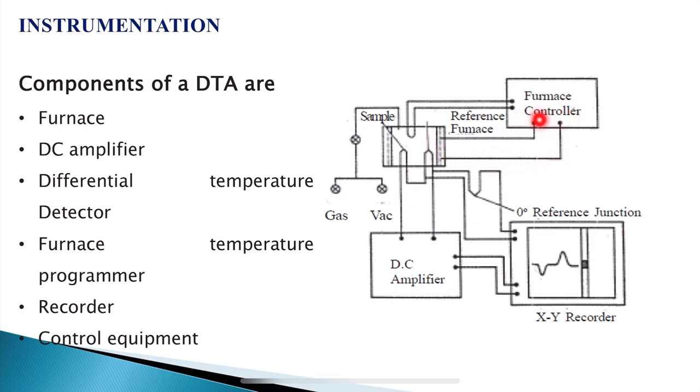We need a furnace controller because, in the principle of differential thermal analysis, we heat the substance at a linear rate of increase in temperature, and to give that we should have a furnace controller. Along with that we should have a reference furnace, because in the DTA curve we plot the change in temperature versus the furnace temperature, so our reference should be there.